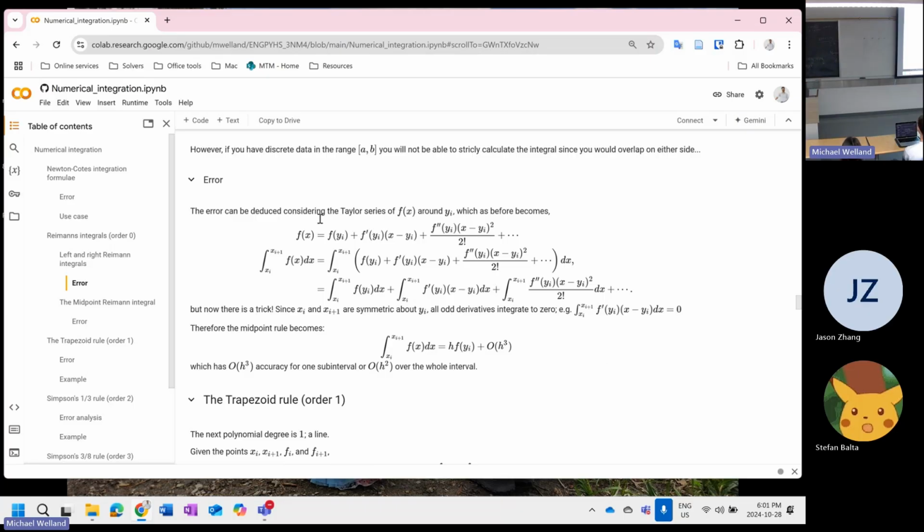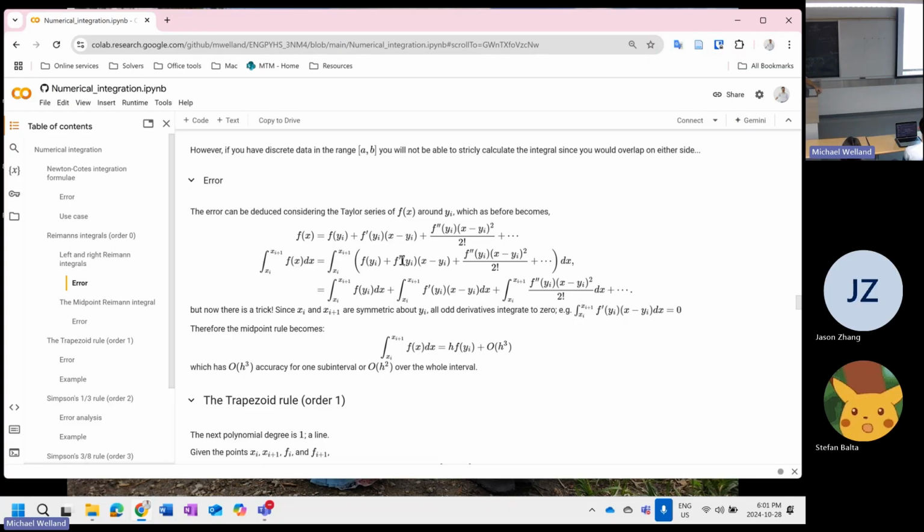So here's the explanation. If you're going through this, we have to say that y_i is the midpoint, and that's just for a matter of convenience to separate it out from your discretization. But the math works out pretty simply.